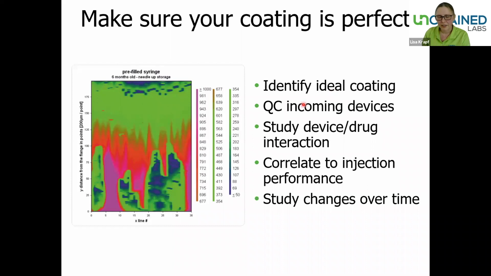You can vary those and use Bouncer to figure out which ones were the ones giving you the best siliconization. You can use it for QC of incoming devices.